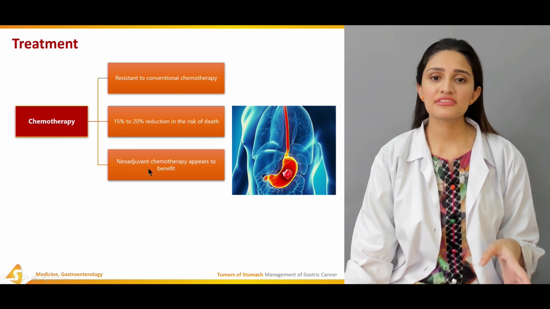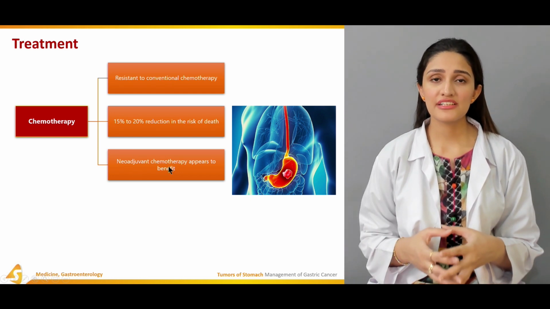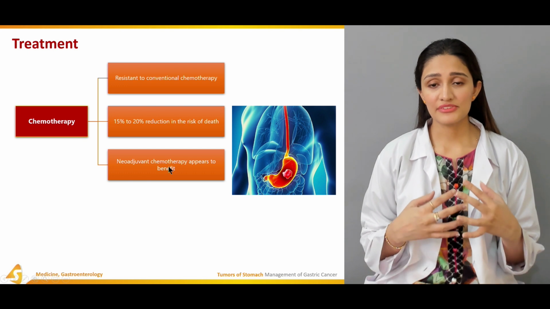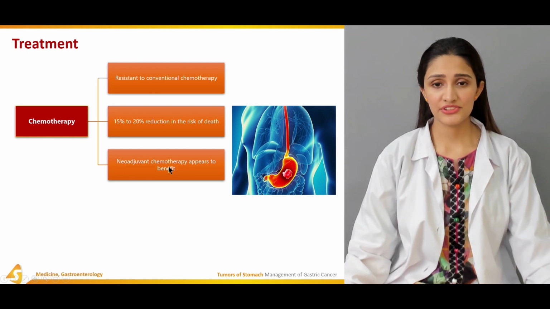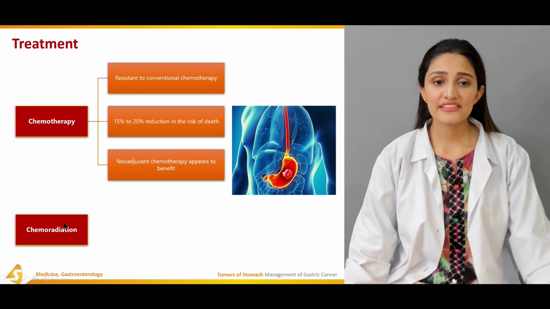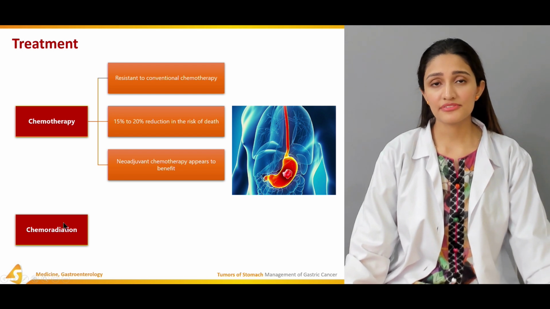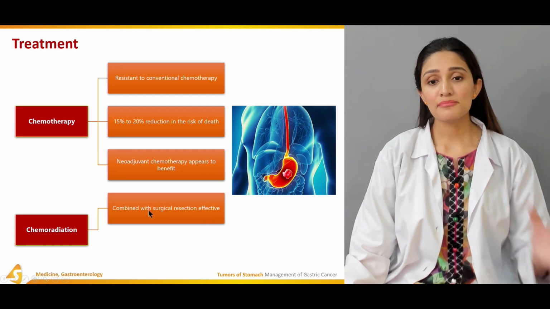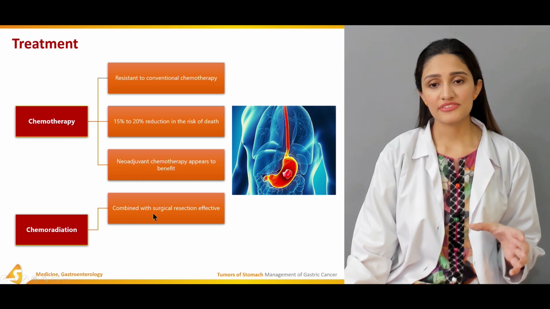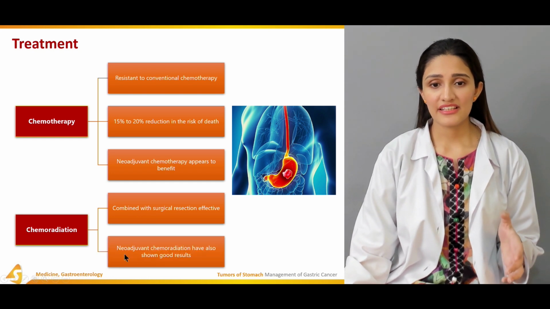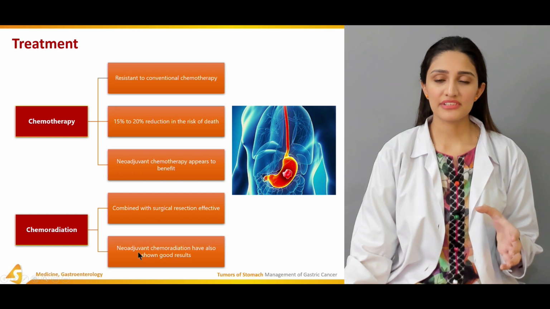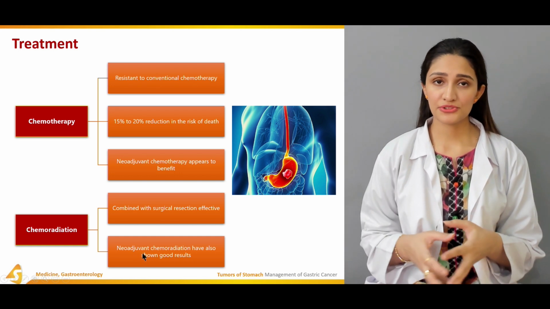And neoadjuvant chemotherapy is usually used these days, which has appeared to be very beneficial. And lastly, there's a chemoradiation type of therapy, which is combined with surgical resection, which appears to be effective. And then there's a neoadjuvant chemoradiation, which has also shown good results.